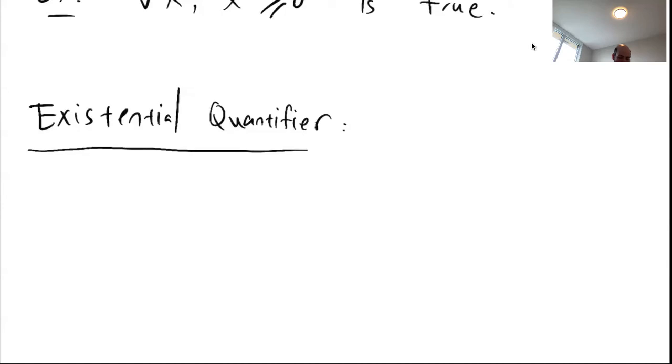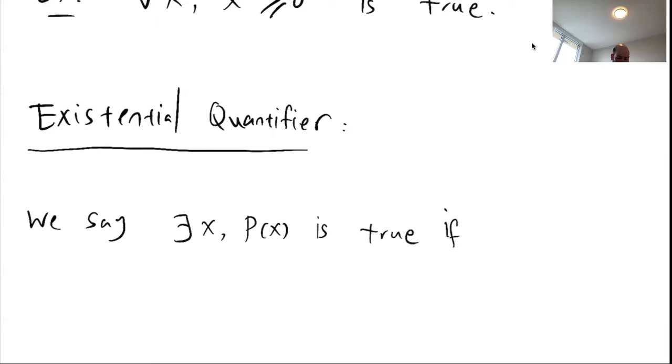So the notation is this. We say there exists x, p of x is true if p of x is true for at least one x.